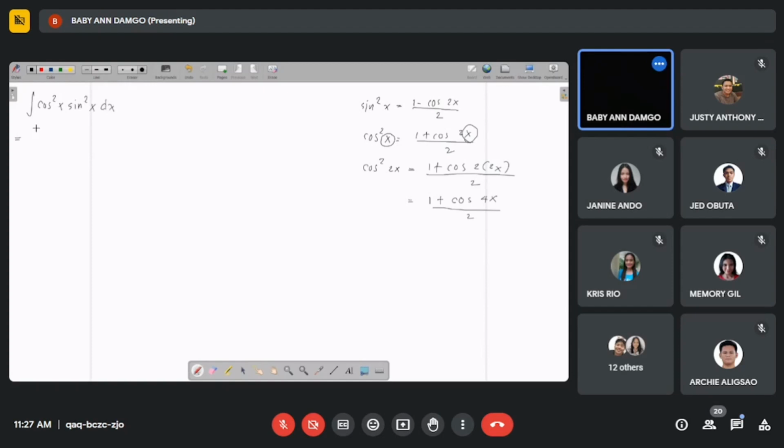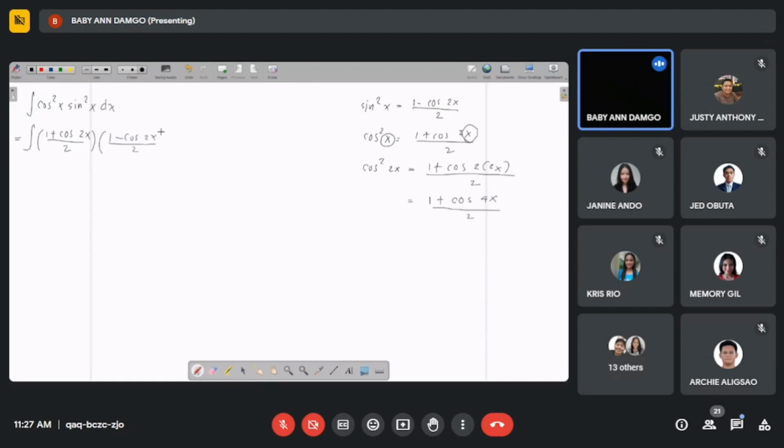So the strategy in this case is you substitute the value of cosine squared x and also the value for sine squared x, in which cosine squared x is 1 plus cosine 2x over 2, times sine squared x, which is 1 minus cosine 2x over 2, dx.